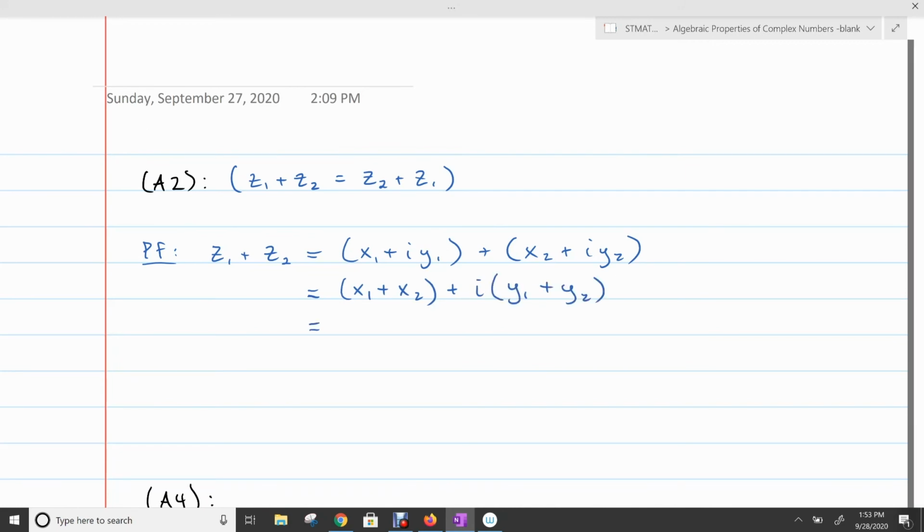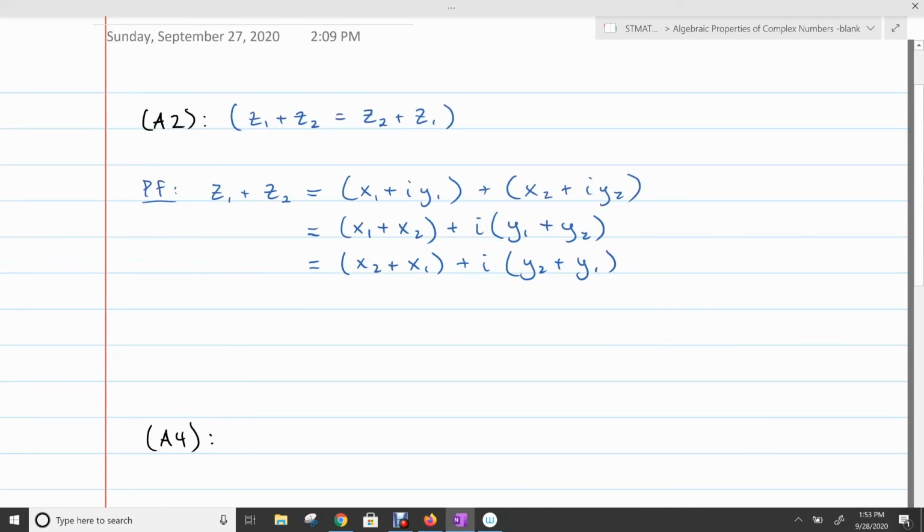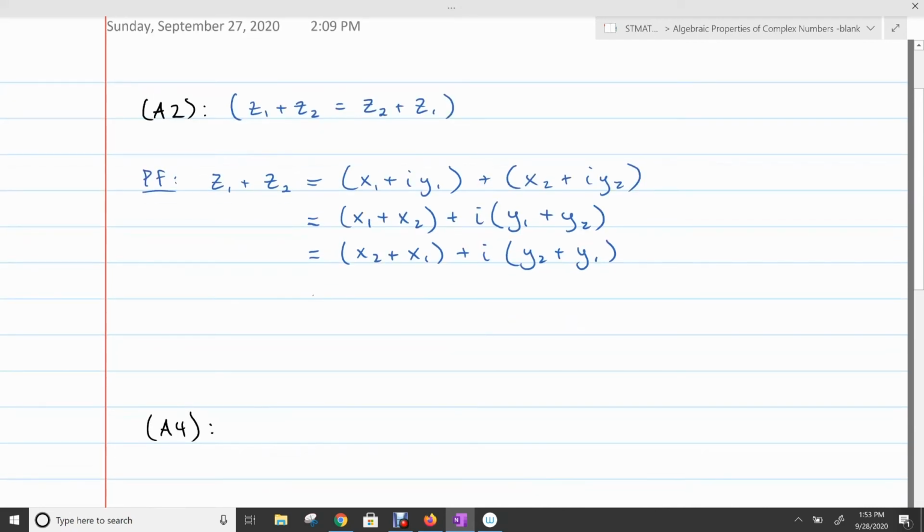We can take advantage of the commutative property for addition of real numbers and write this as x2 plus x1 plus i times y2 plus y1. But then when we look at how we just added things here, we see that this is exactly x2 plus i y2 plus x1 plus i y1, which is, of course, just z2 plus z1.